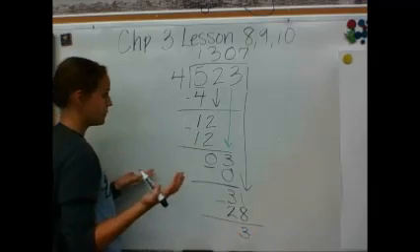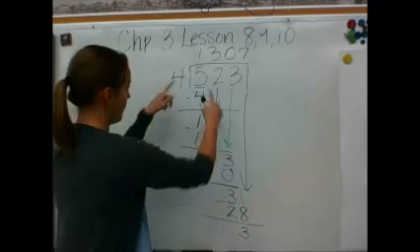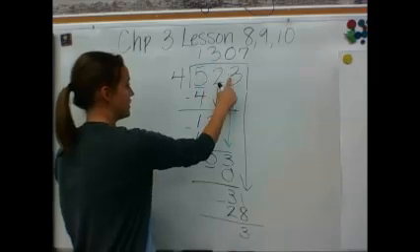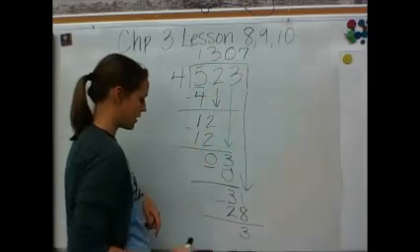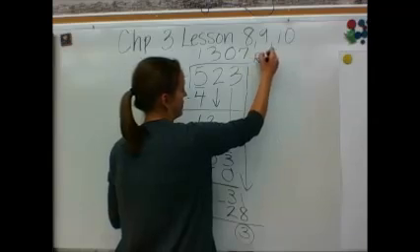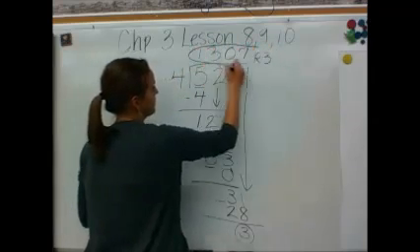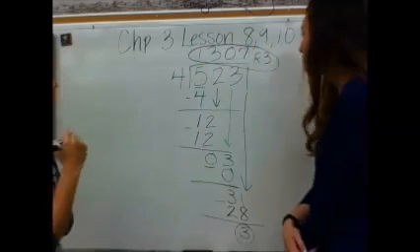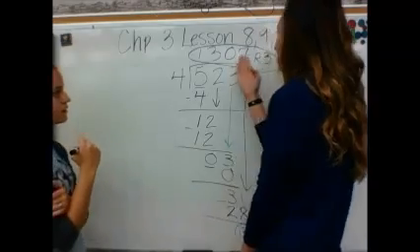And I have no more numbers to bring down. And I have 1 number above each digit in my dividend. So I believe we get to call this a remainder. There we go, R3. Now let's talk about what would have happened had we messed up and that not been a 0.